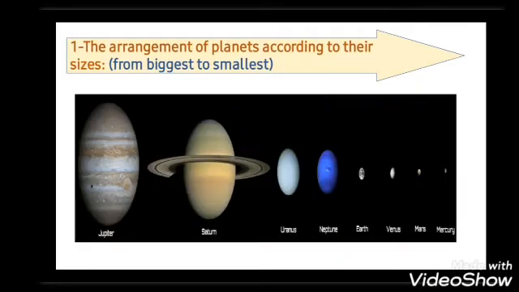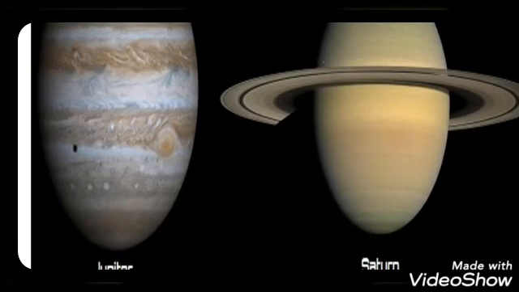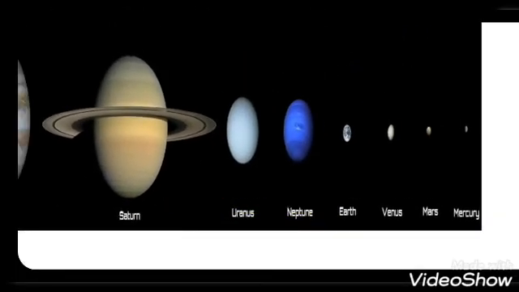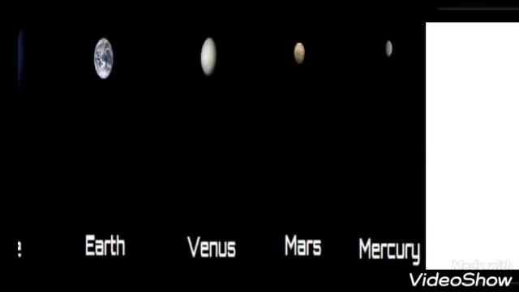After that, you have to know only the biggest planet and the smallest planet. The biggest planet is Jupiter. The smallest planet is Mercury.